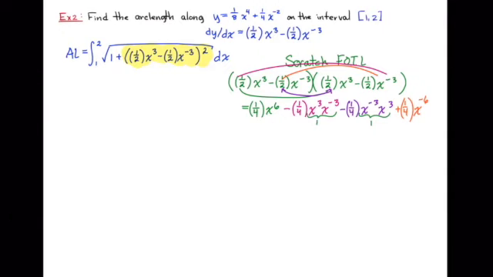That gives us 1/4 x to the 6th, then -1/4 times 1 minus 1/4 times 1 gives us -1/2, and then our last term is 1/4 x to the -6.